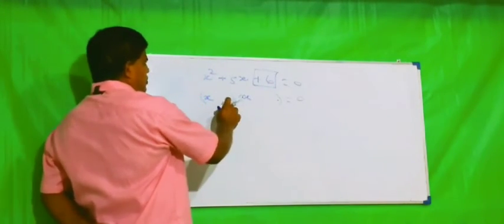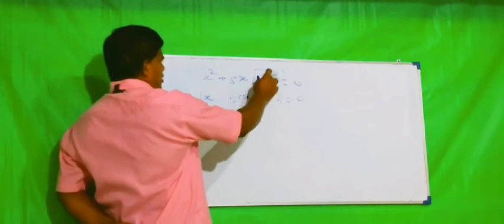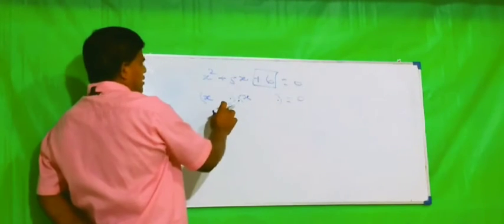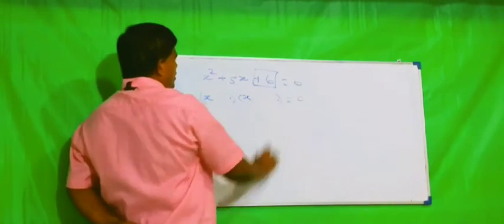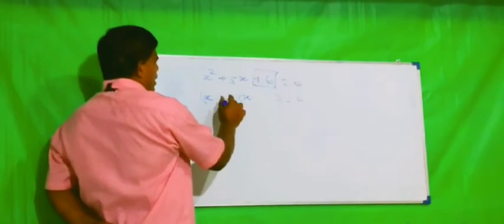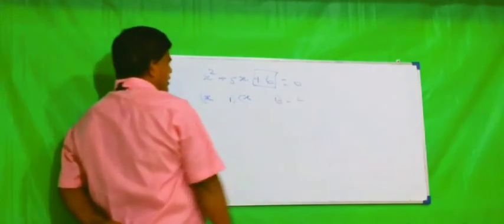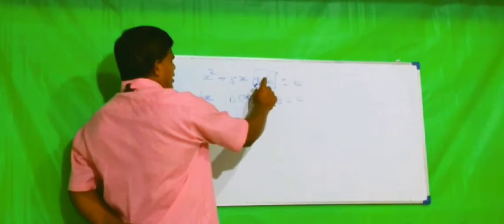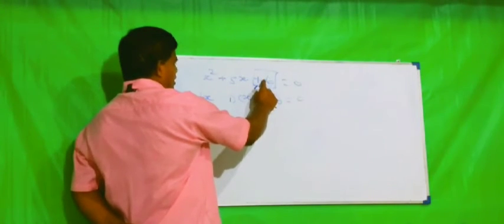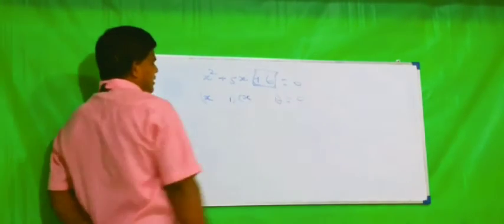Now we know 6 is obtained by the product of 1 into 6. If we apply 1 and 6, 1 into 6 is 6, so the last term is obtained.